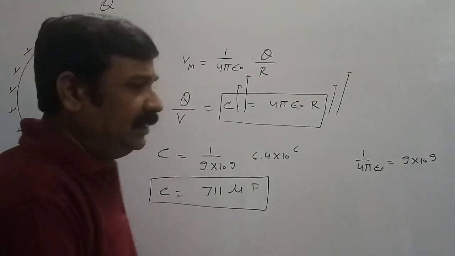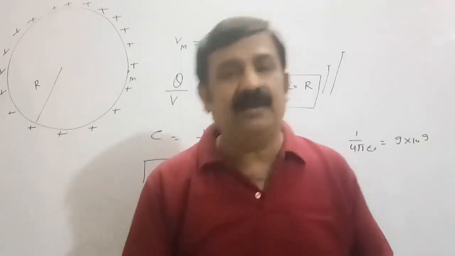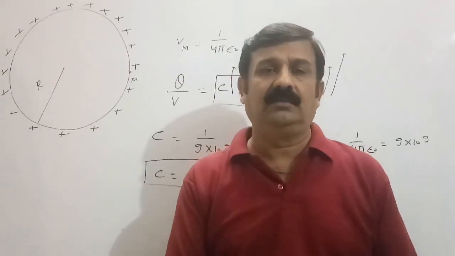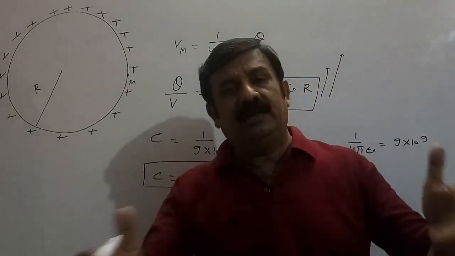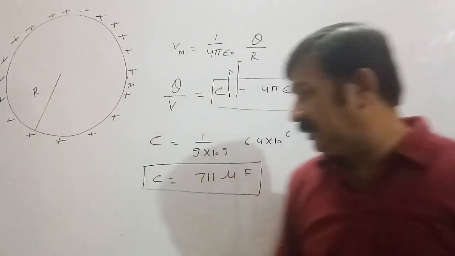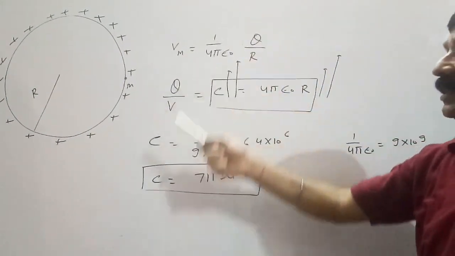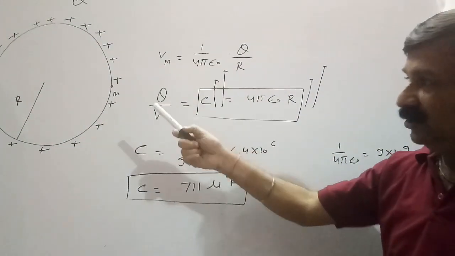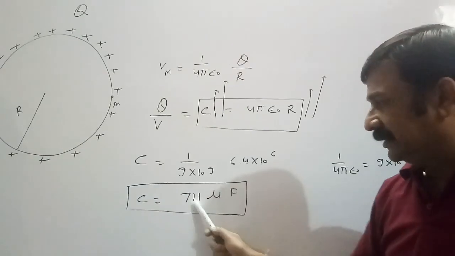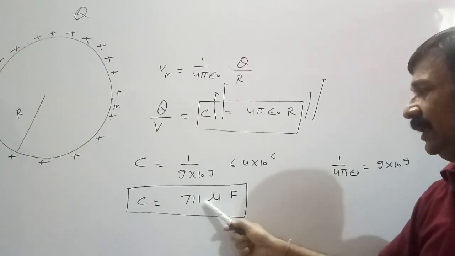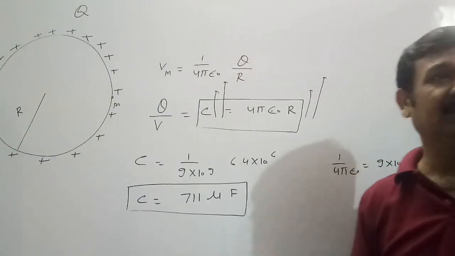So practically the largest conductor which can be designed will not be more than the size of Earth. And see the result. If we take such a huge conductor whose dimension is equal to the radius of Earth, its capacity value is 711 microfarad.